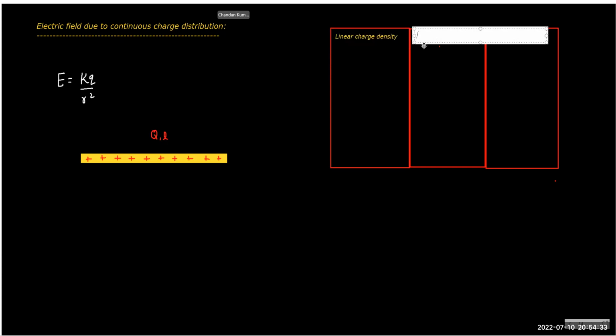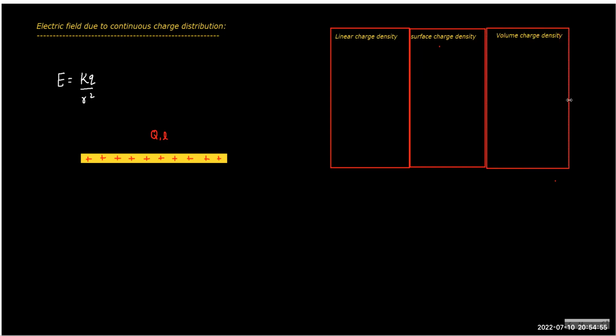What is second? Surface charge density. And third is volume charge density. Generally, the way you correlate density is mass upon volume.